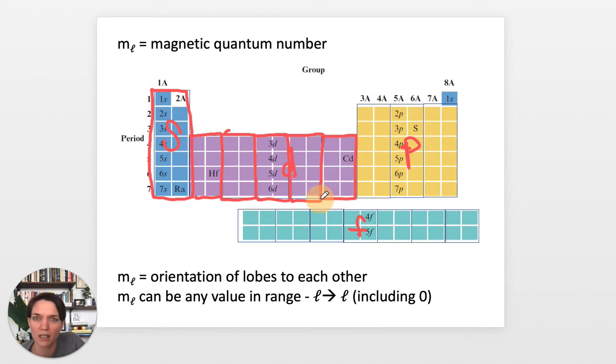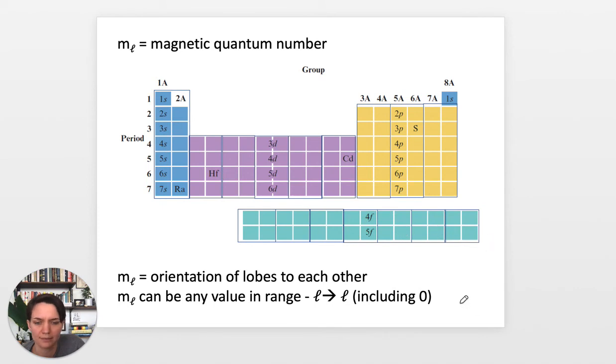That corresponds to all 5 possible lobes or kind of orientations of those electrons. P has 3 possible MLs. Sorry. And F has 1, 2, 3, 4, 5, 6, 7.